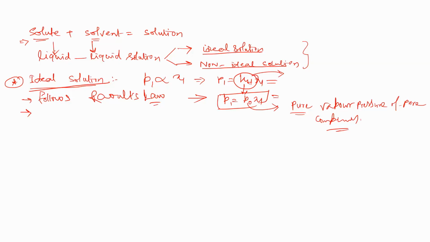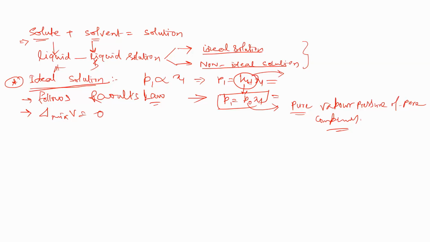Here I am talking about a liquid solution, so the two liquids are mixing with each other. When these two liquids, suppose A and B, are mixed, the volume of mixing will be 0.